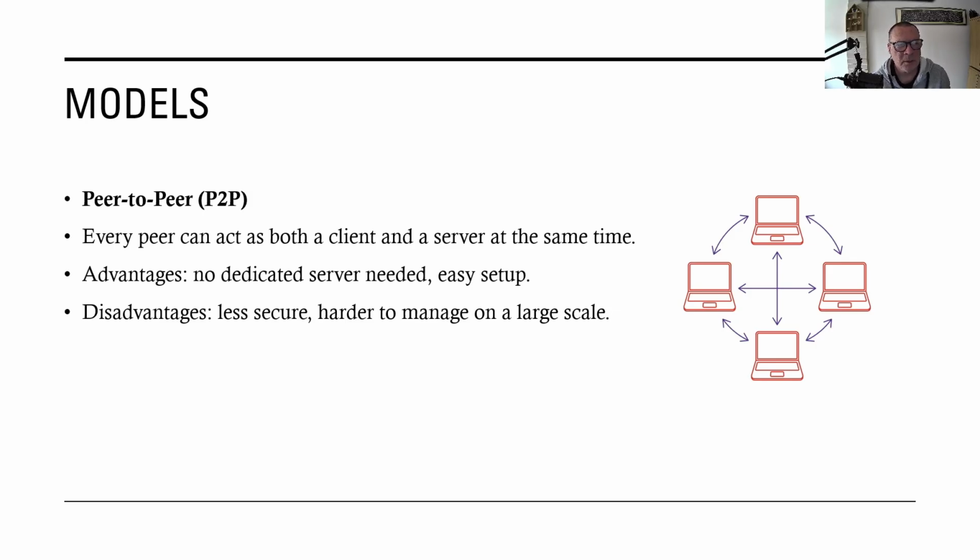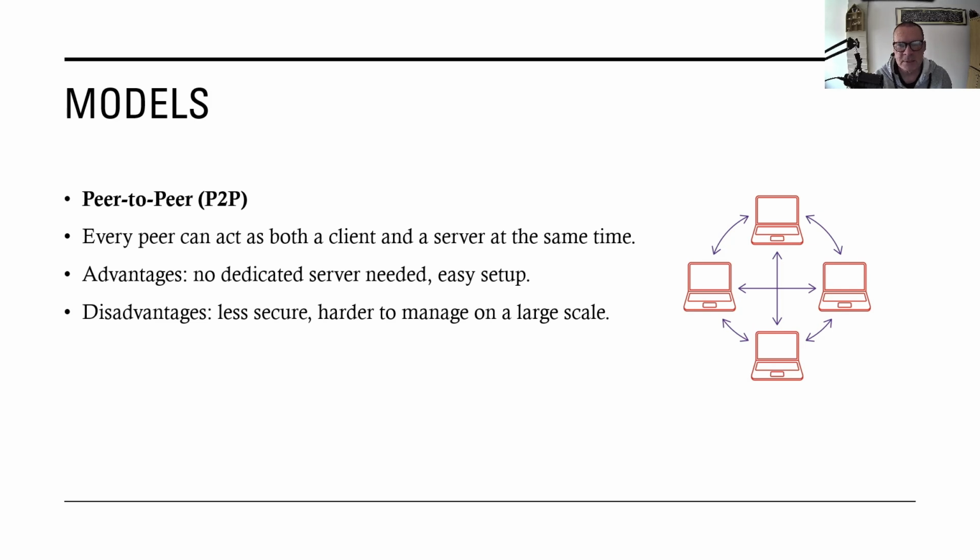Contrast that with the peer-to-peer model of network behavior. And in this one, every peer can act as both the client and server at the same time. So they don't have a permanent, fixed role. They can do anything. We don't need a dedicated server for this, so that reduces cost. You just have the devices you would have anyway.